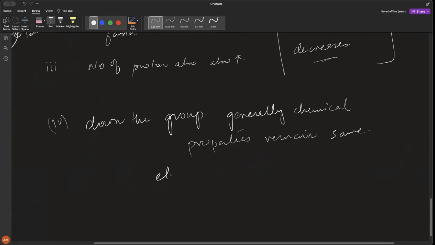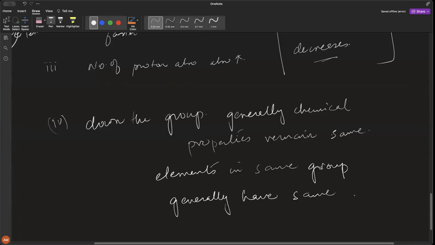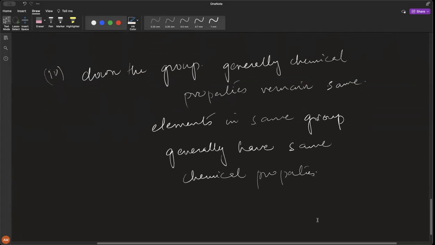Elements in the same group generally have the same chemical properties, like making bonds and all of that.